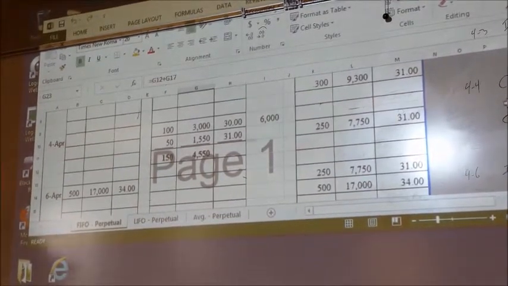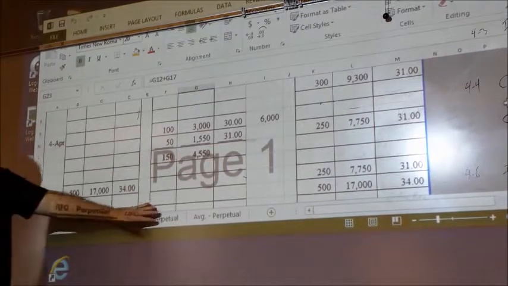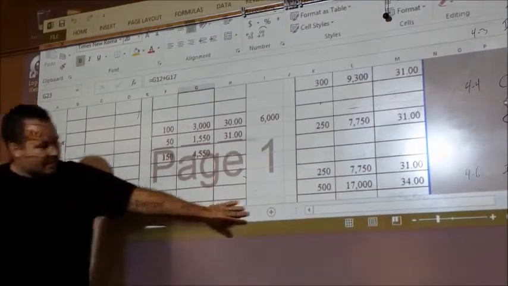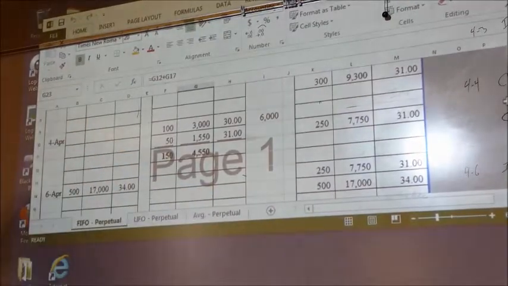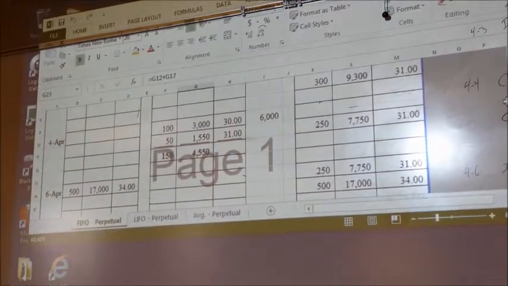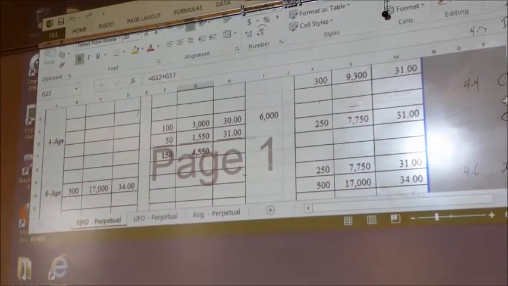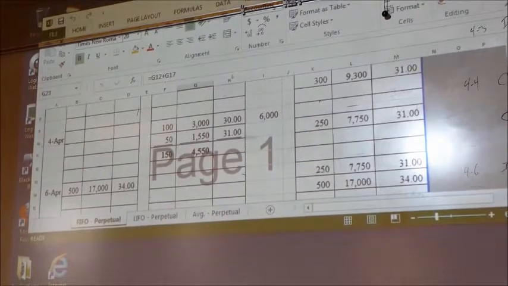On 4/8, it's time to do my next sale. The easy one is the 8,000. I tell you what I sell it for. What we need to determine is what was the cost of those goods that I sold.